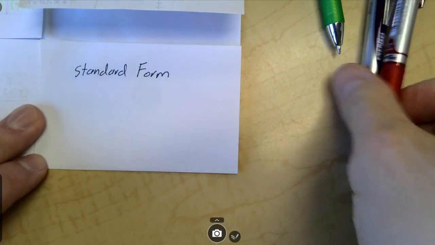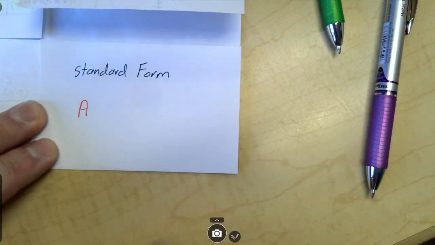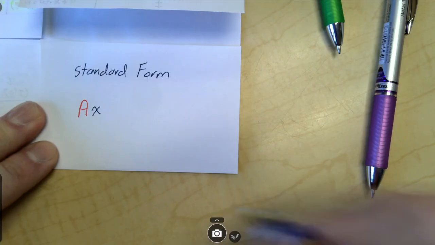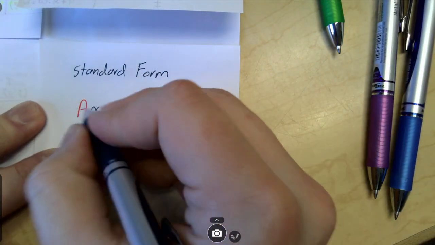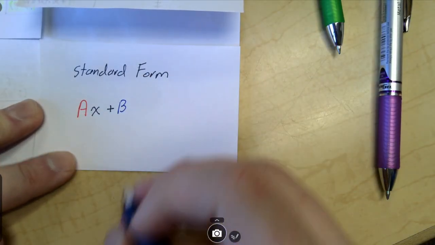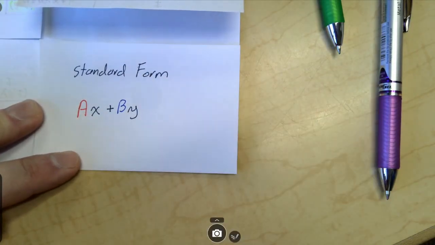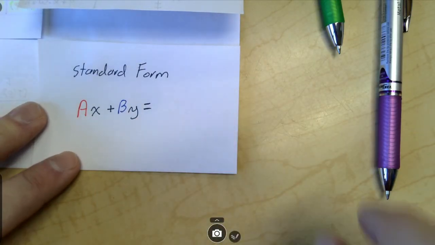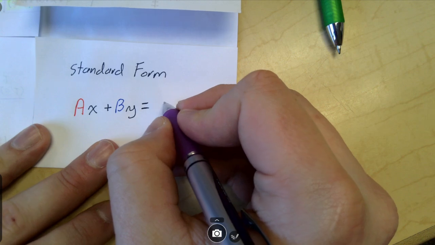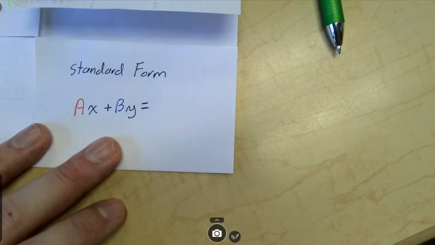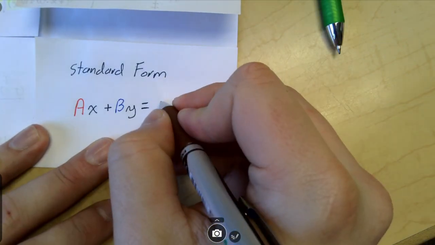Now, standard form, we have capital AX plus BY equals C. Let's do C in another color. Let's use brown. That'll work.